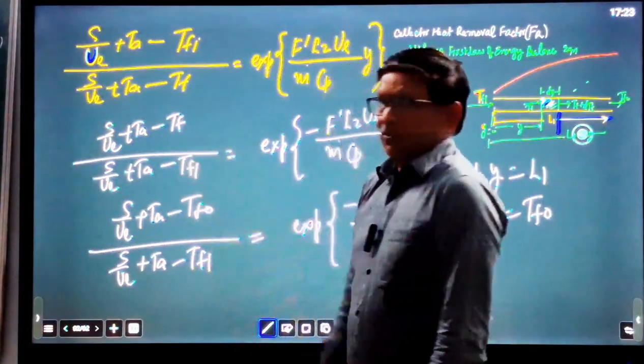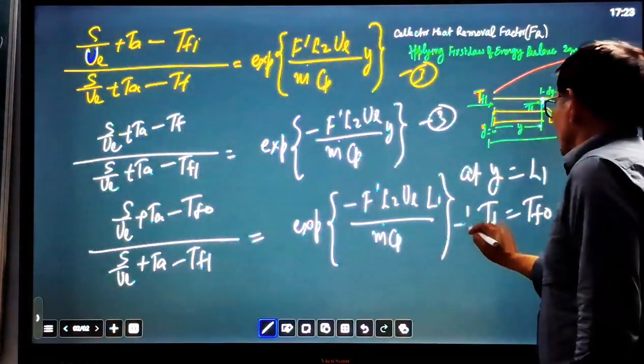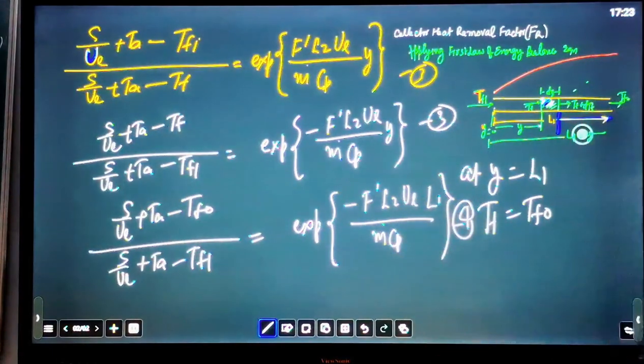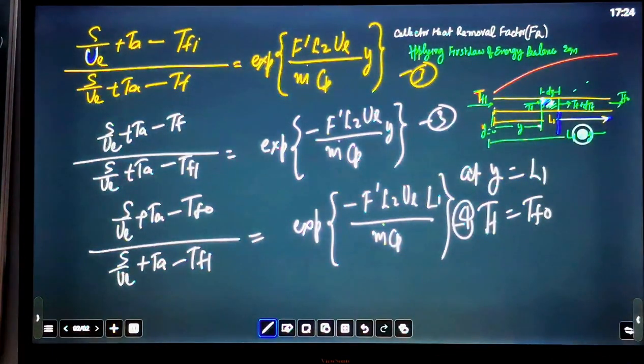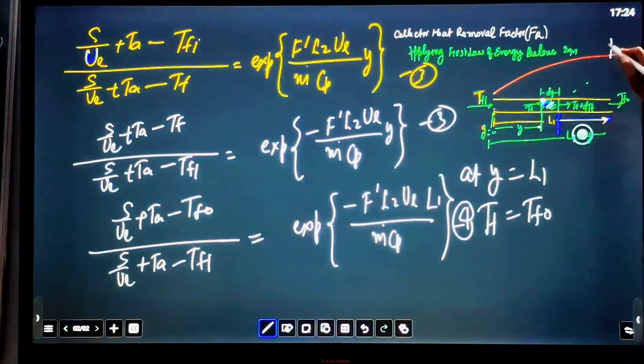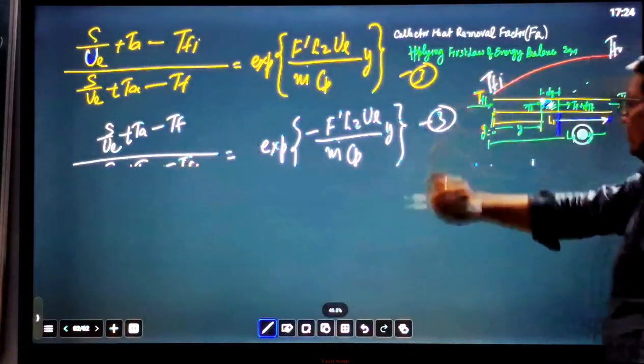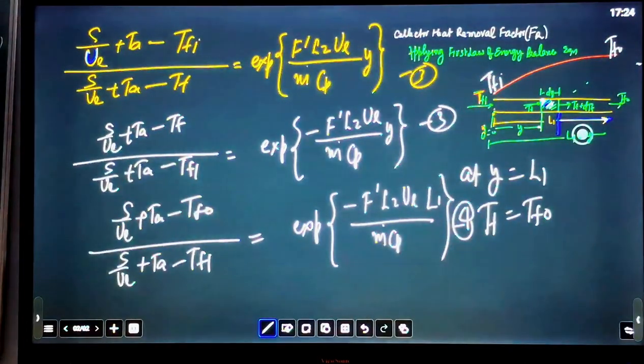This equation is now different from equation number 3, because we have applied the boundary condition at y equal to L1, where TF becomes TFO.